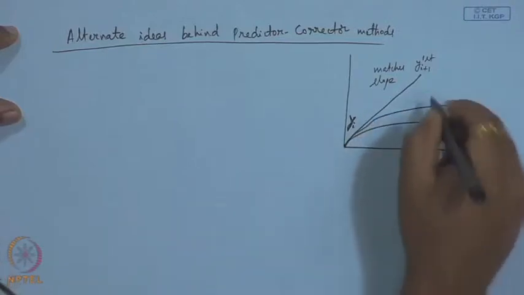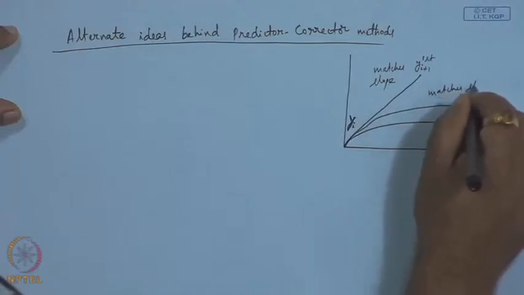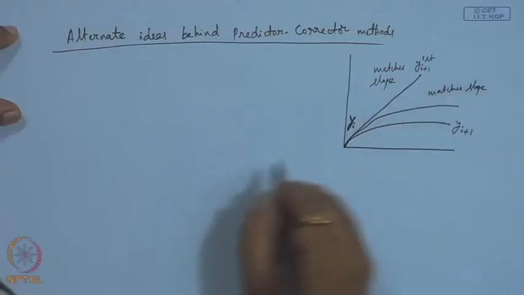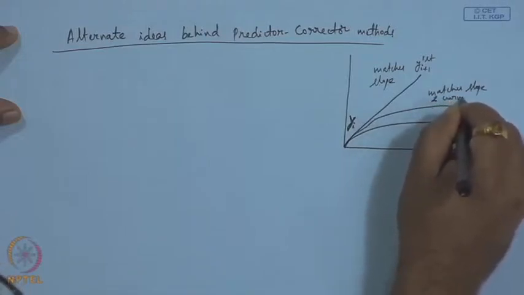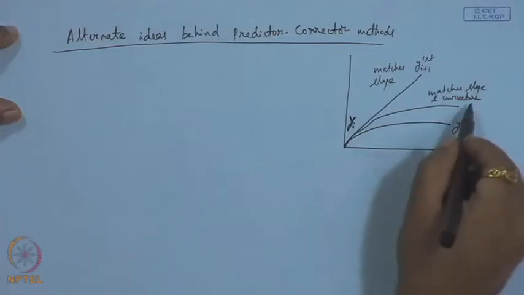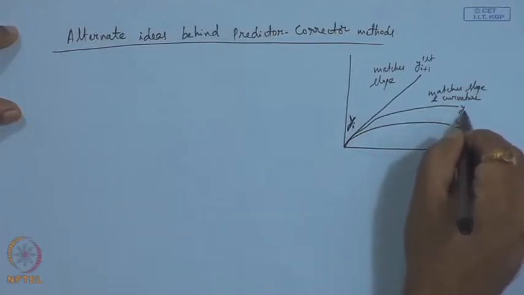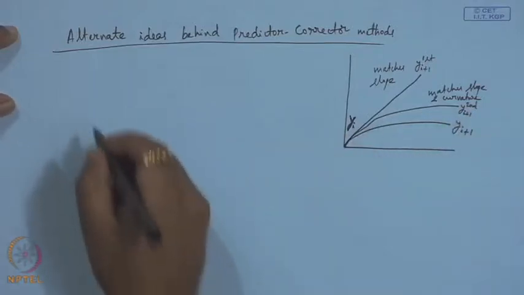Suppose this matches slope and curvature. Then this can be thought of as second order approximation.